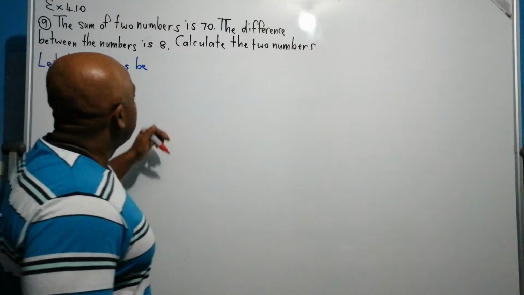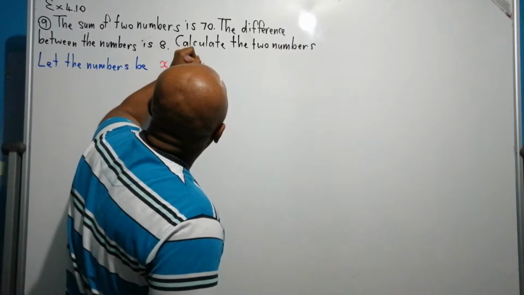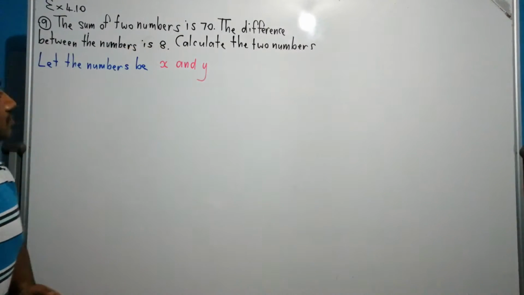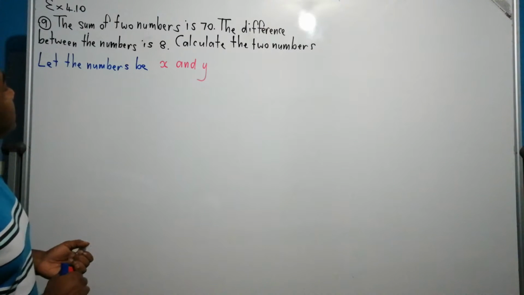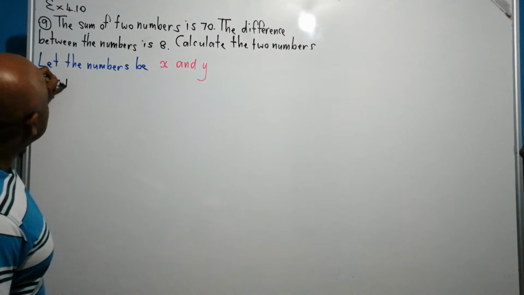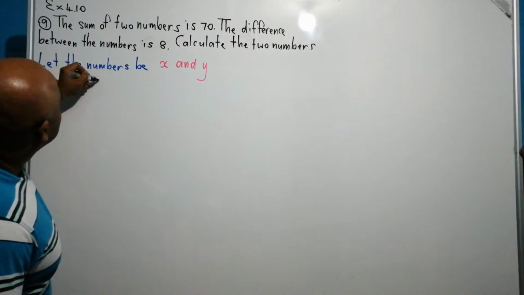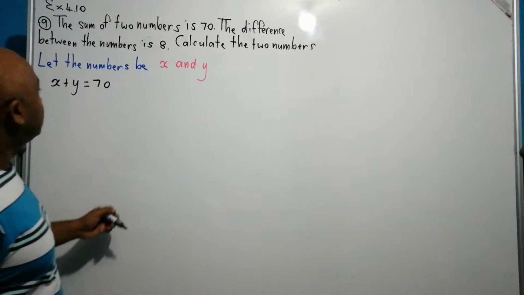So let's call the numbers x and y. Okay, so now, first sentence, the sum of two numbers is 70. So we got x plus y is equal to 70. The difference between the numbers is 8.